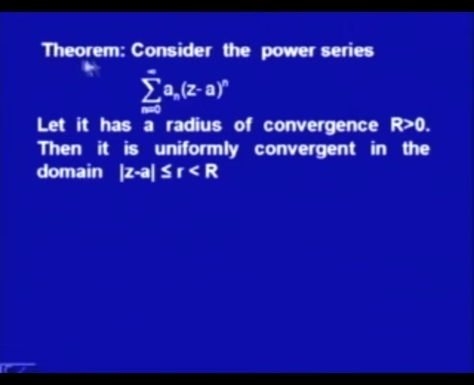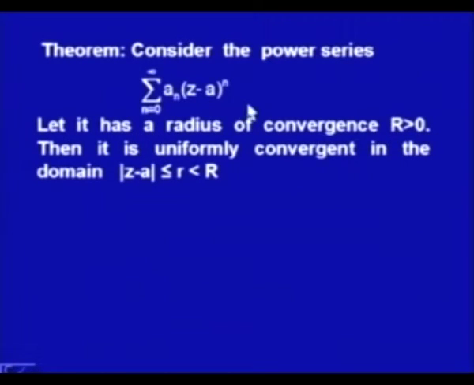Now, we establish a theorem regarding power series. We say that if we have this power series, summation a_n (z minus a) raised to power n, n varying from 0 to infinity, that is a power series centered at z equal to a, then it has a radius of convergence R greater than 0.